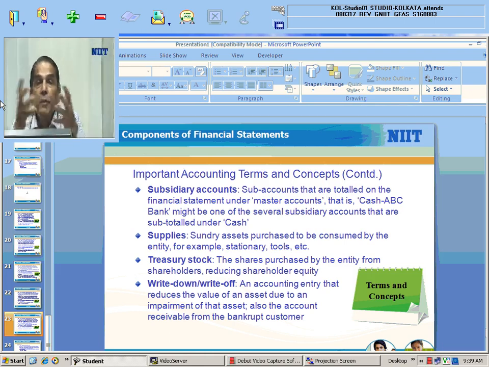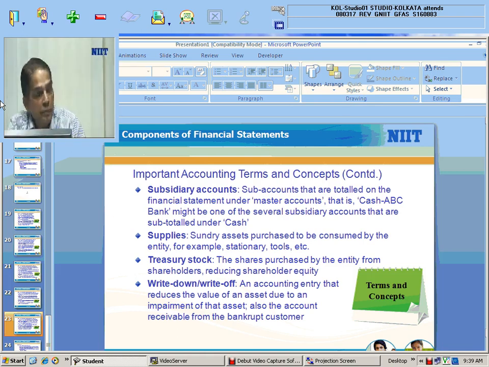But supposing the company is holding some inventory and some of the inventory got damaged. So that is an impairment. So company is holding inventory, the value is 50 lakhs of rupees. As per the books of accounts, the inventory is valued at 50 lakhs of rupees. Now when you physically look at the inventory, some of the inventory is damaged and you estimate that the inventory, if it is sold in the market, will get you only 30 lakhs.